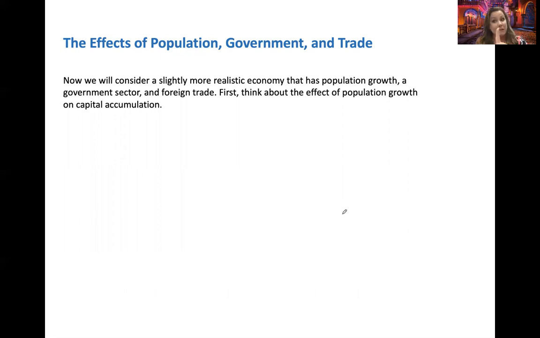How does this affect capital accumulation? It can make things more difficult to accumulate, because there's more people. It also can make things better too, because you saw in the one where we had, even though we're increasing the population, we are increasing our real GDP. Our real GDP per capita is still increasing.